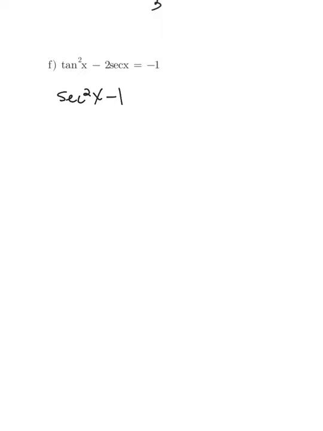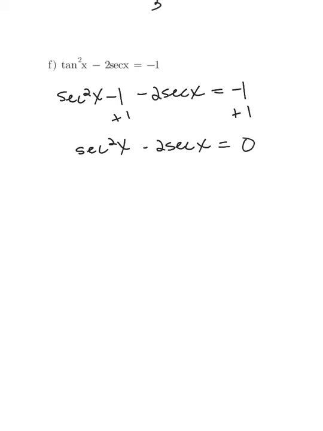Now continue on writing the rest of the equation. Minus 2 secant x equals negative 1. Remember, when you have squared functions, you need to get everything on the same side and equal to 0. So we are going to add 1, which is going to give us secant squared x minus 2 secant of x equals 0.